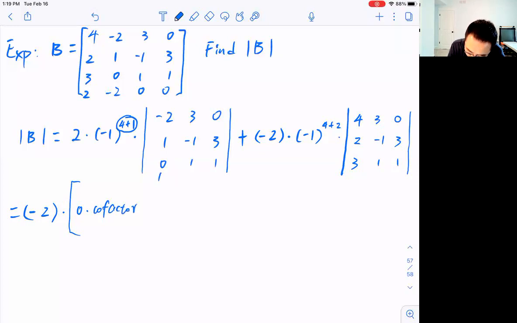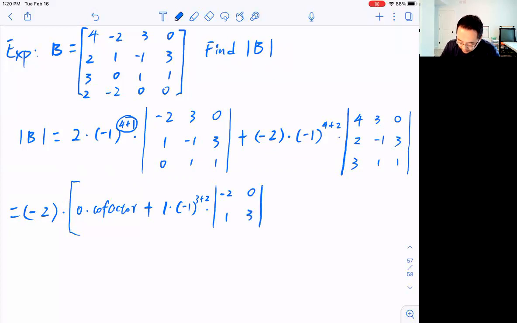But I'm going to just leave it like that because it's going to equal 0, plus 1 times -1 raised to the third row plus the second column, times its cofactor, which is obtained by eliminating this row and this column. So you get, and I'll get rid of those lines, -2, 0, and 1, and 3.